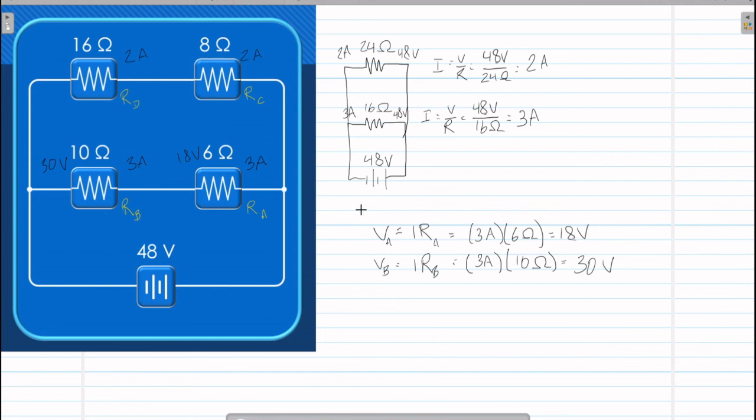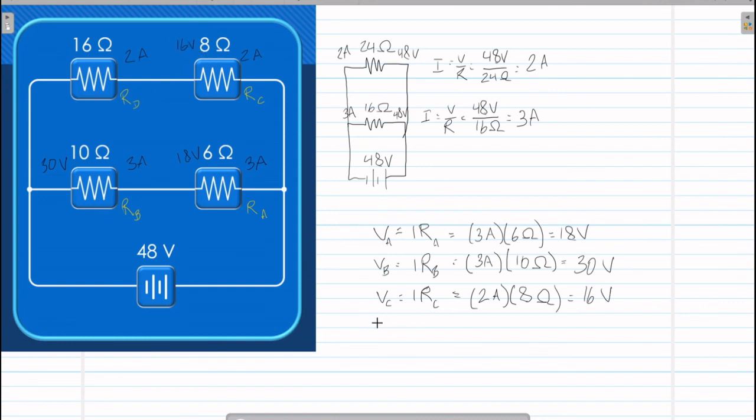Now let's work out the voltage for resistors C and D. The current across resistor C is 2 amperes, and the value of resistor C is 8 ohms, and 2 times 8 is 16 volts.